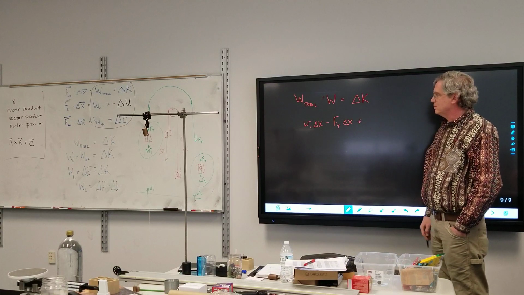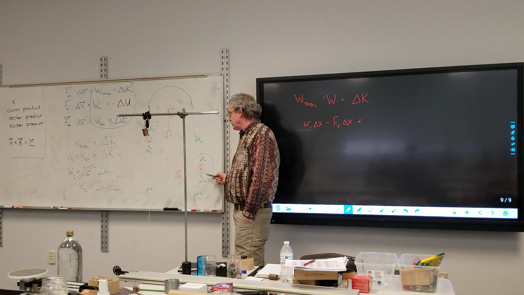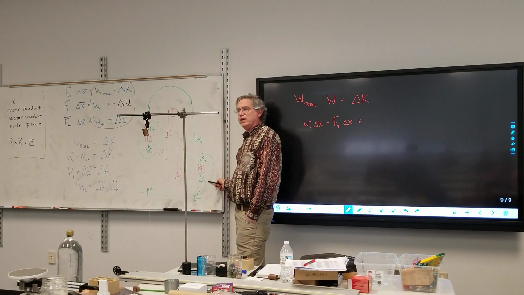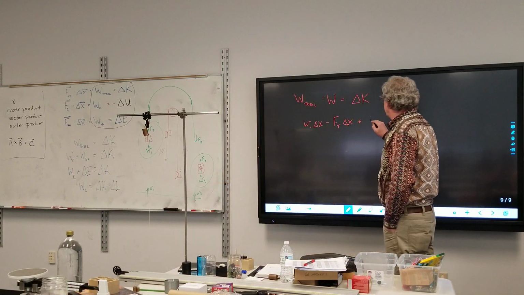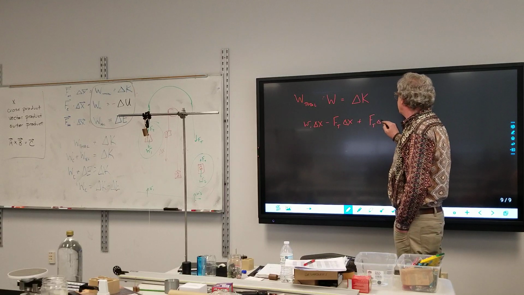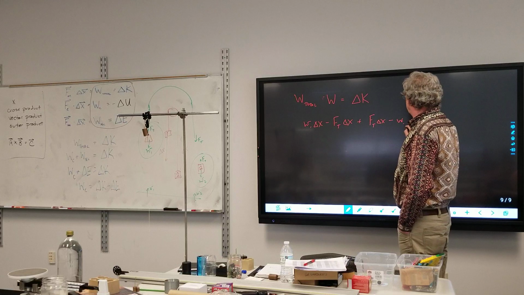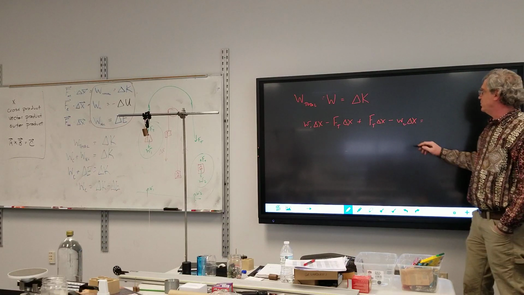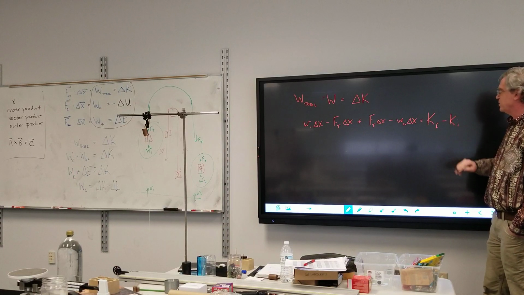Plus, down here, this is mass 2, which is going to go up, which of these two forces is doing positive work? Tension. So plus the tension times the distance it goes minus weight 2 times delta x. That's going to be equal to my final kinetic energy minus my initial kinetic energy.